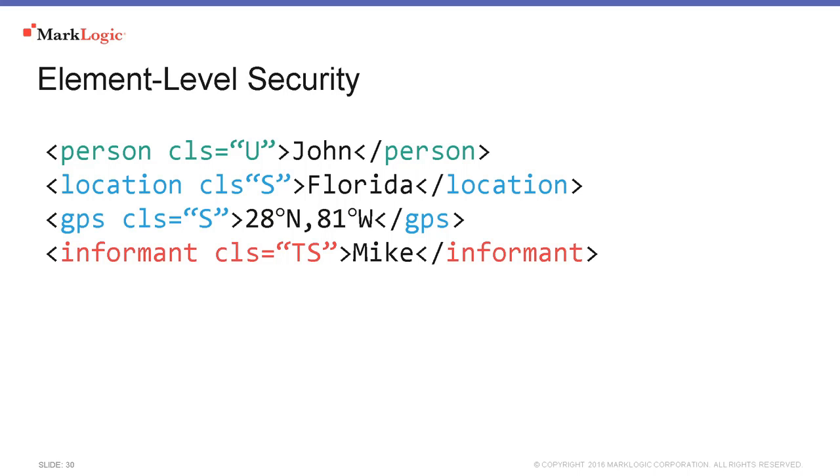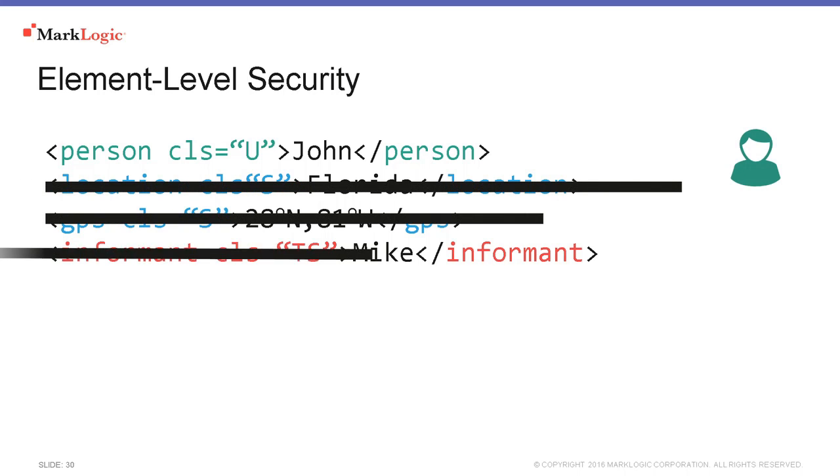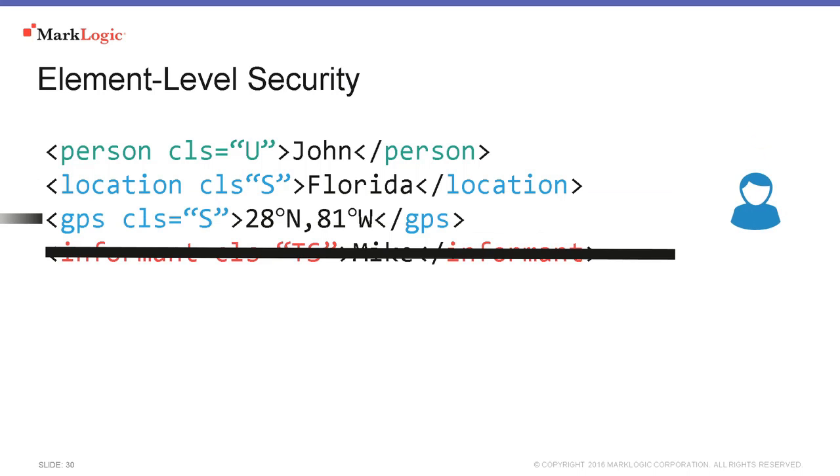With element level security, you can set up a role that has the unclassified role and has permission only to see that piece of information. So when you do any search or any fn:doc operation, that's the only information that someone with the green role here will see. If you have a secret role, you may be able to see three pieces of information.